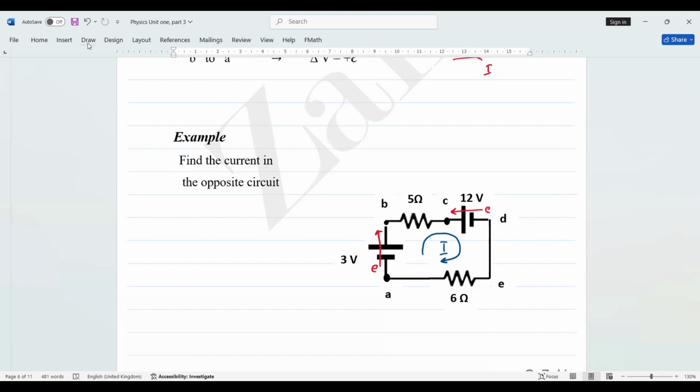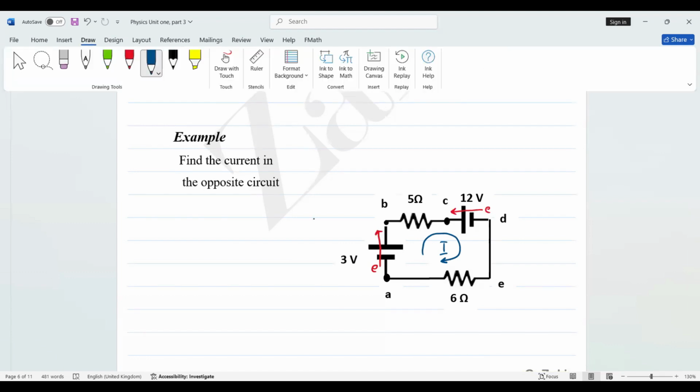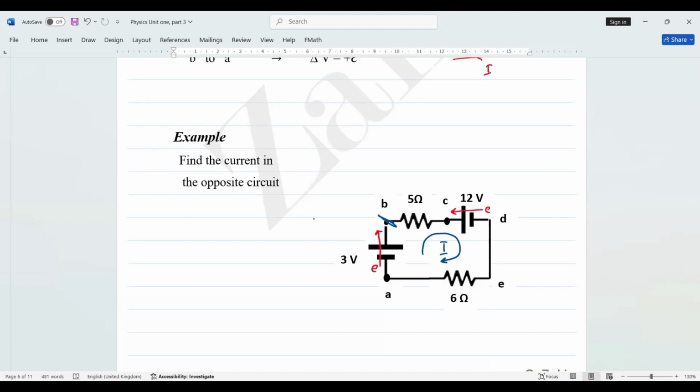Now, we start to solve. How can we start to solve the question? We start at any point. For example, we start at this point, and then we go around the loop in the same direction that we supposed for the current I. Now, we start from the point B. From the point B to C, here we have a resistor. So the potential difference is negative. So it's negative 5I.